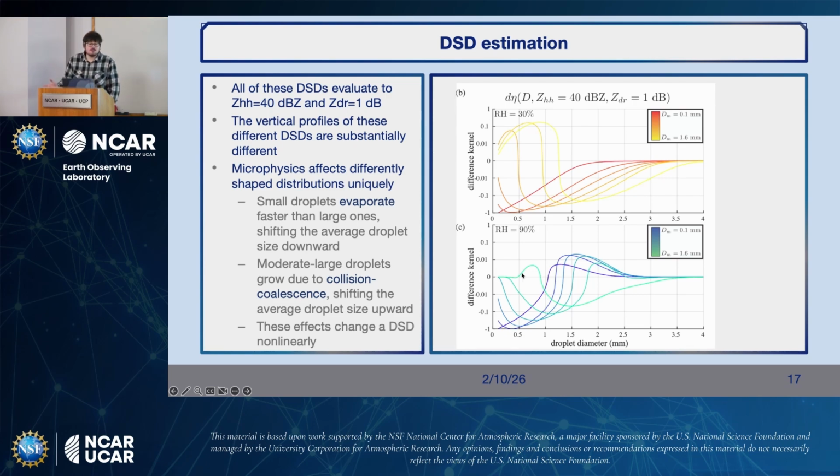And when we look in the more tropical environment, the collision-coalescence is more important than the evaporation. So, say, looking at the smallest drizzle-type drops, the smallest droplets are being consumed by the time they hit the ground. But instead of evaporating and adding to relative humidity, they're being consumed by larger droplets around them.